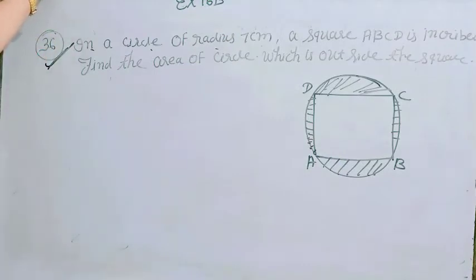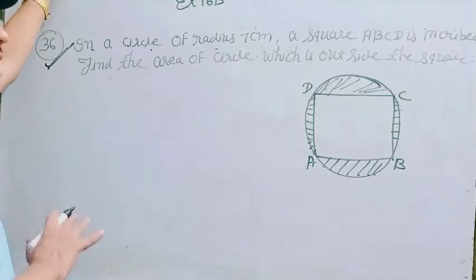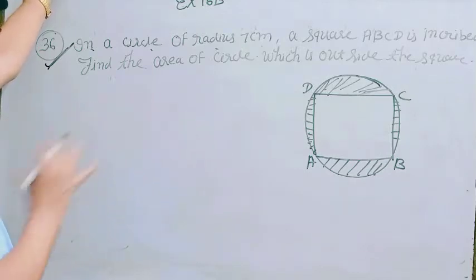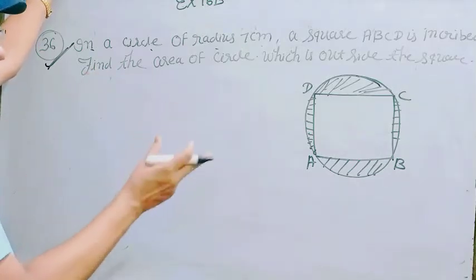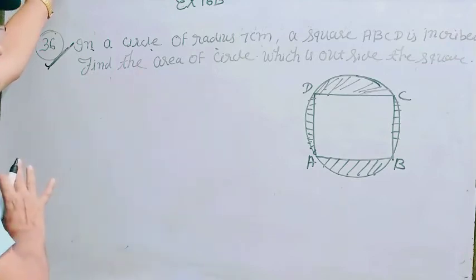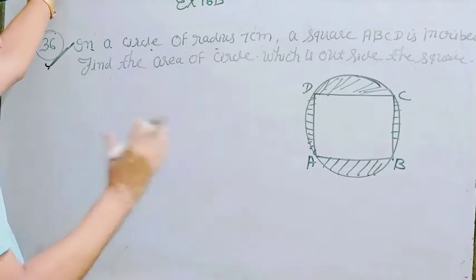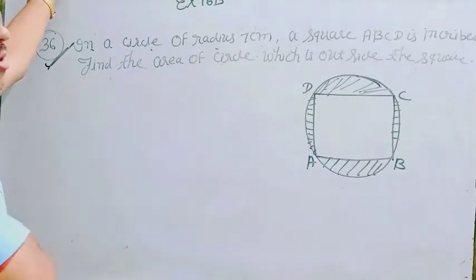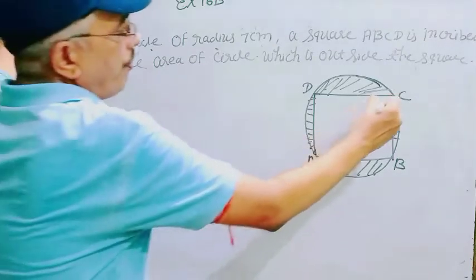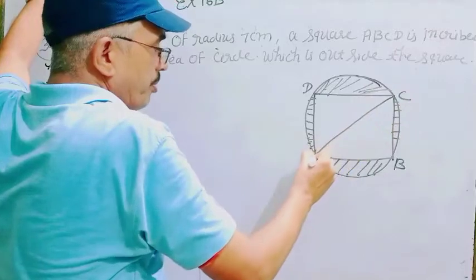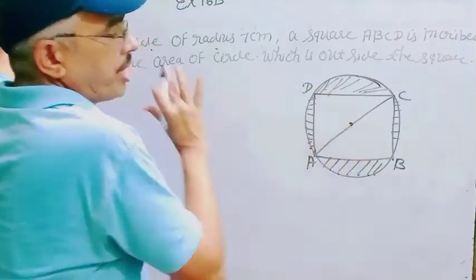So dear students, if a square is inside of the circle, that means a square is inscribed in a circle. Otherwise, you can say the circle is circumscribed about a square. Then the diagonal of a square is always equal to the diameter of the circle.